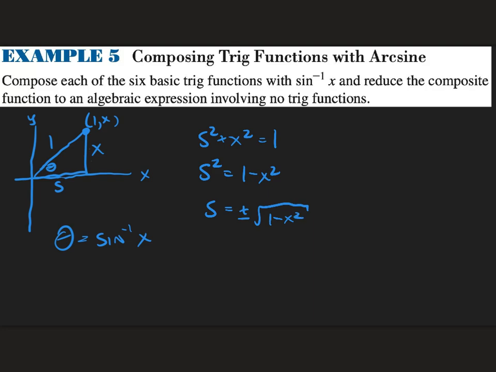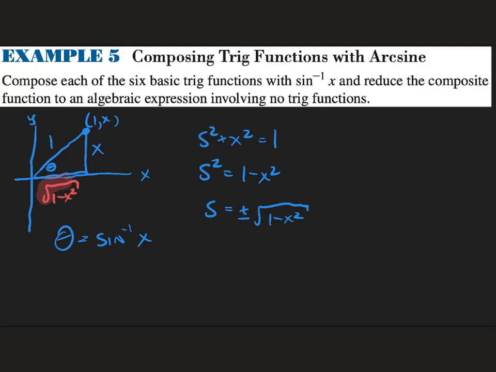And this is how we get the inverse sine of the sine function for, I think that was the first one listed on the previous page. So now what we're going to do is replace the s here at the bottom. We're going to call this the square root of 1 minus x squared.